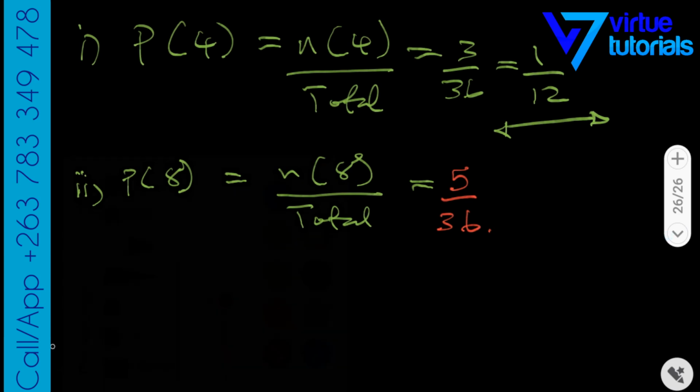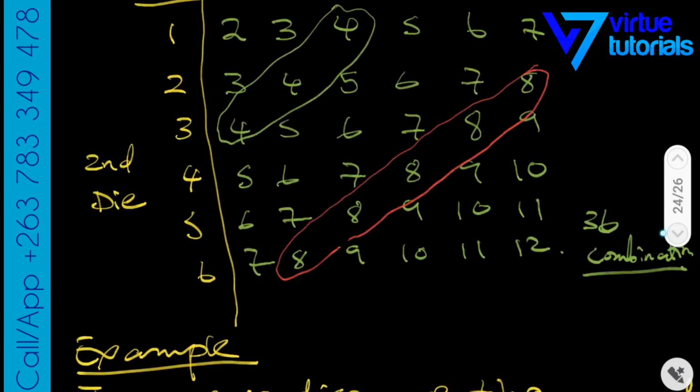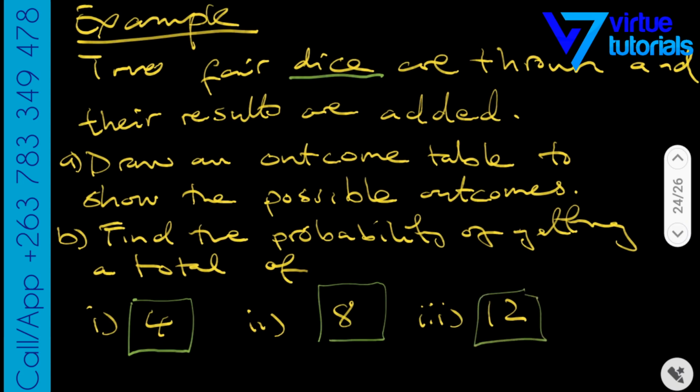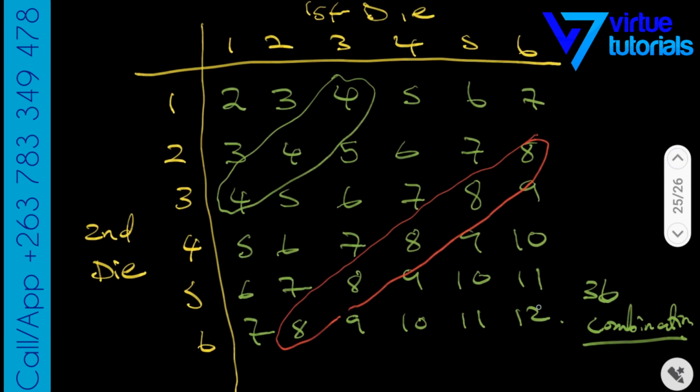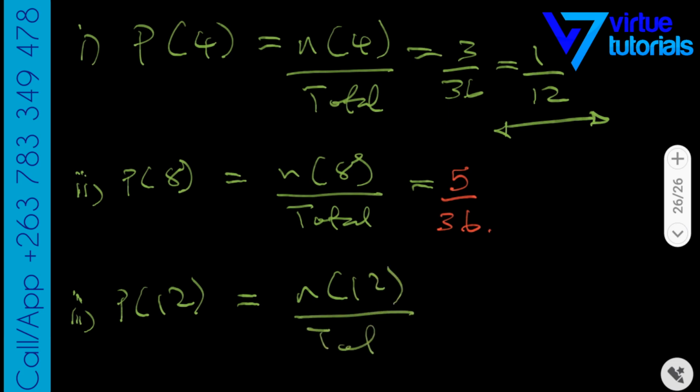Okay, and then the third thing now is find the probability of getting a total of 12, right? So again, you identify the number of 12s. There's only one 12, right? So probability of getting a 12 is equal to number of 12s over the total, which is going to give us 1 over 36.